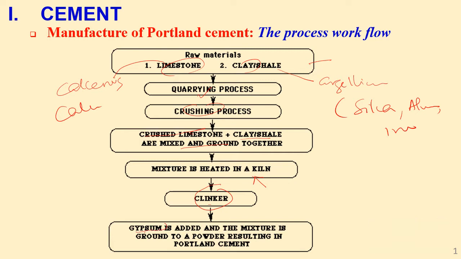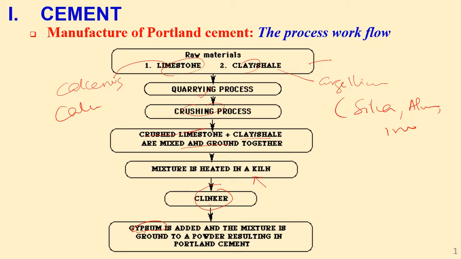Gypsum is added to aid grinding and reduce the temperature for grinding, and, as we'll see later on, it is used to control some properties of cement, like the setting time.